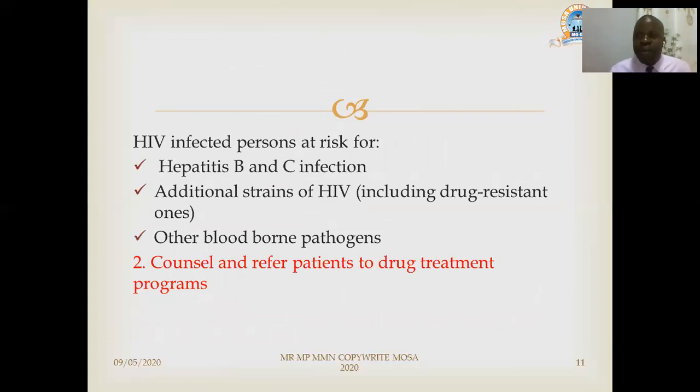So it is very important that when you want to have sex, either oral, anal or vaginal, you protect yourself so that you are also protected from other infectious conditions, including those of blood-borne pathogens.